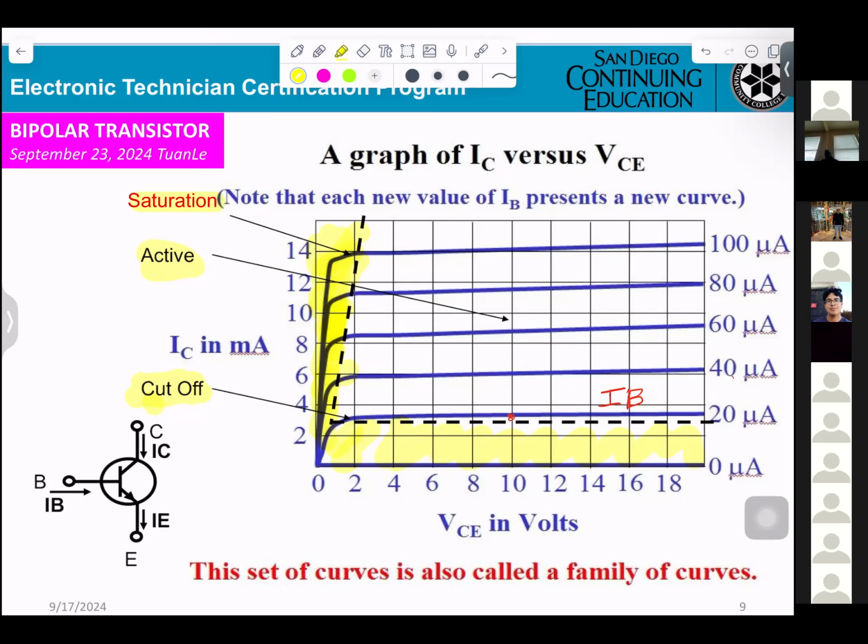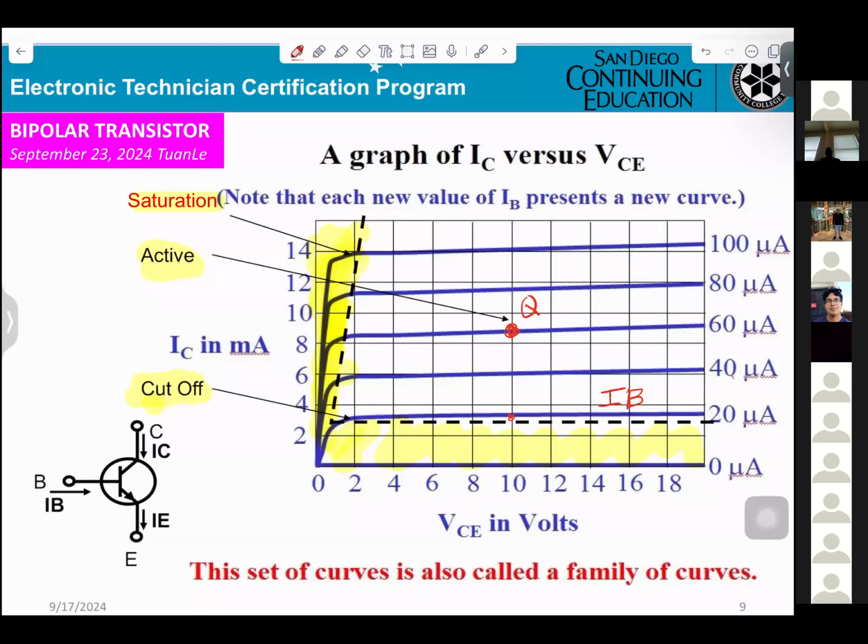So basically, I want it to be in this area. For example, now I get the point in here. I call it a Q point.